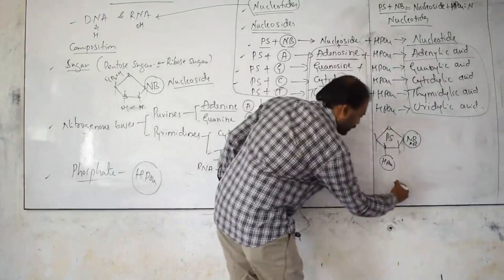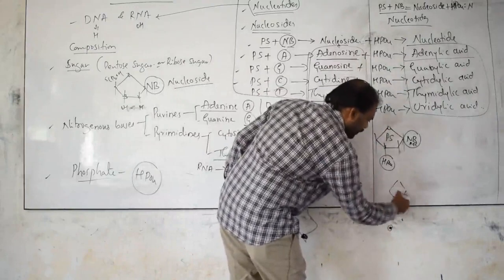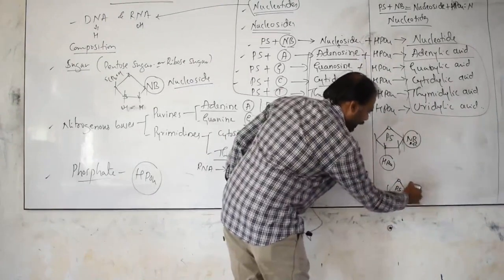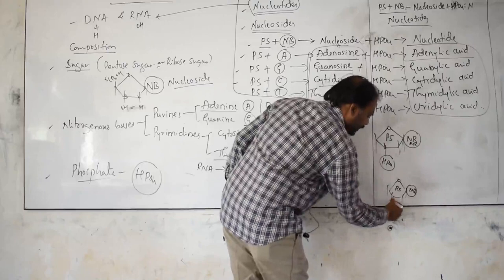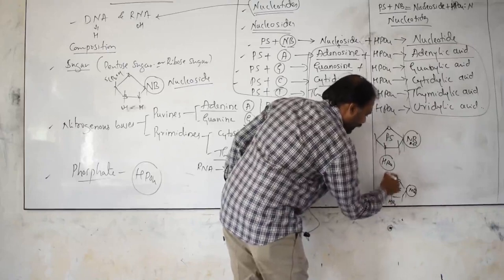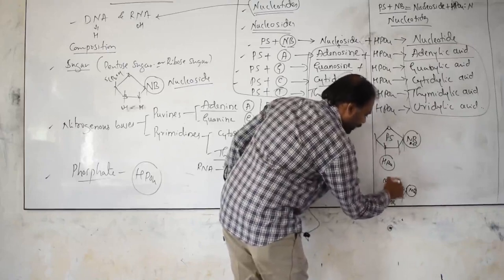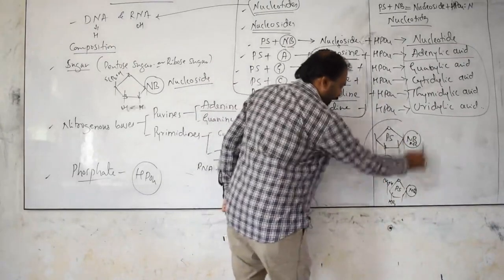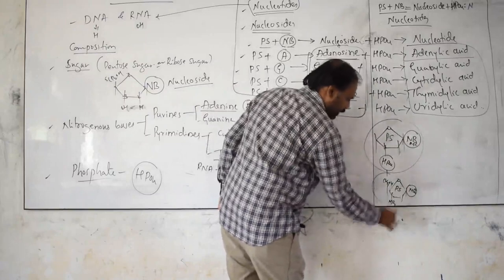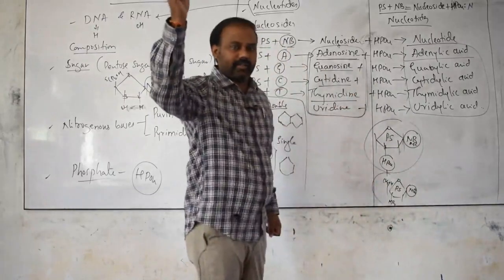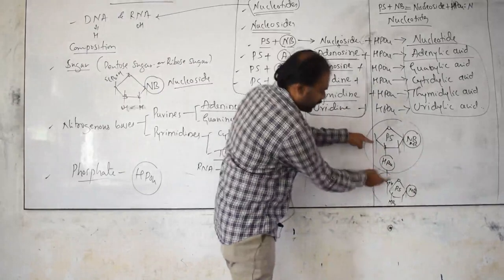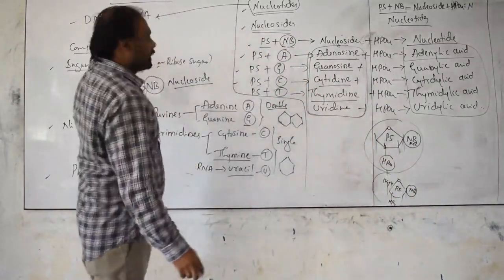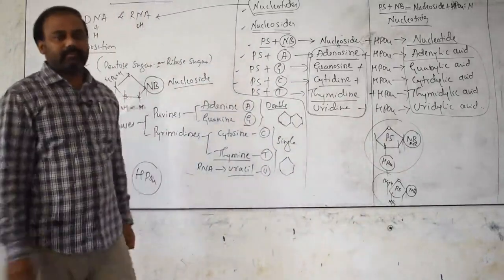Again you will be having one more structure, pentose sugar, with one more nitrogenous base, again HPO4, and here you will have CH2OH. Clear? So now one nucleotide, second nucleotide, third, 4, 5, 6, like this. A long chain of nucleotides is called nucleic acid, that is DNA or RNA.